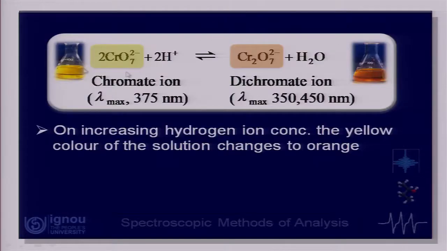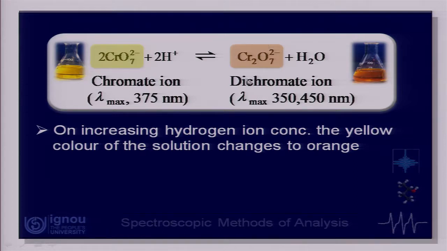If I want to measure the concentration of chromate ions or of dichromate ions in a given solution, I have to be very careful about the pH of the solution, because if the pH is not maintained properly and there is an excess of hydrogen ions, part of the chromate ions which I want to measure gets converted into dichromate ions, and there is an error in the measurement.